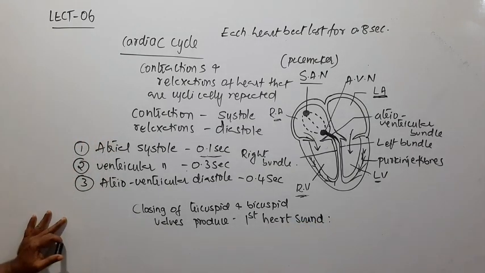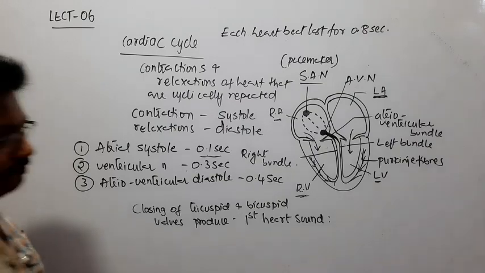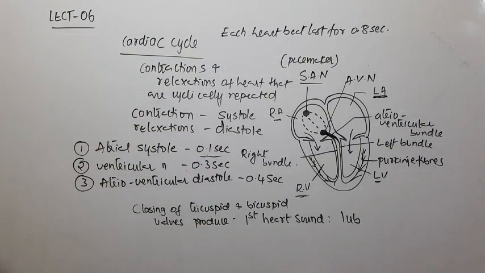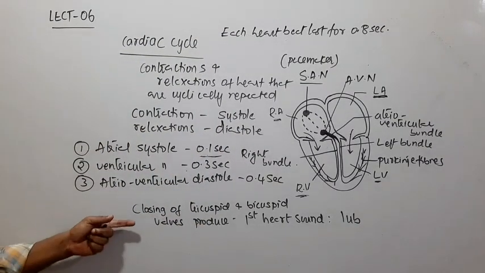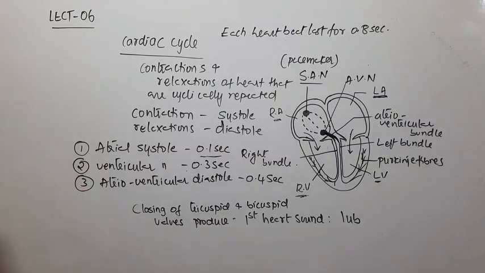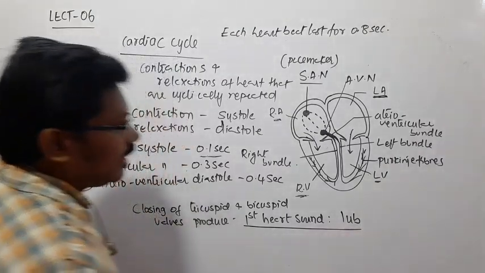So this first heart sound is what we call the lub. Clear? So the closing of the tricuspid and bicuspid valves produces the first heart sound, that is lub.